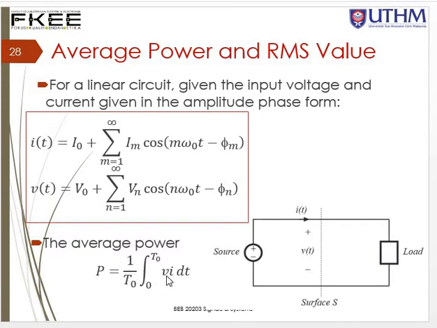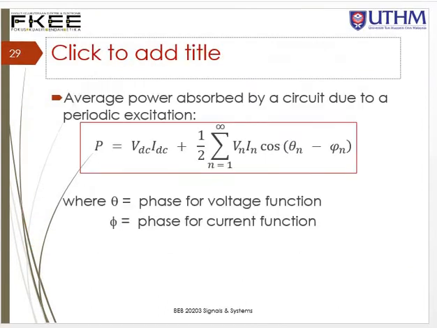If you substitute the values of v and i like this into the integration, you will end up with this formula. After you substitute the values of i and v, you get this formula. This is the formula for the average power absorbed by a circuit due to periodic excitation.